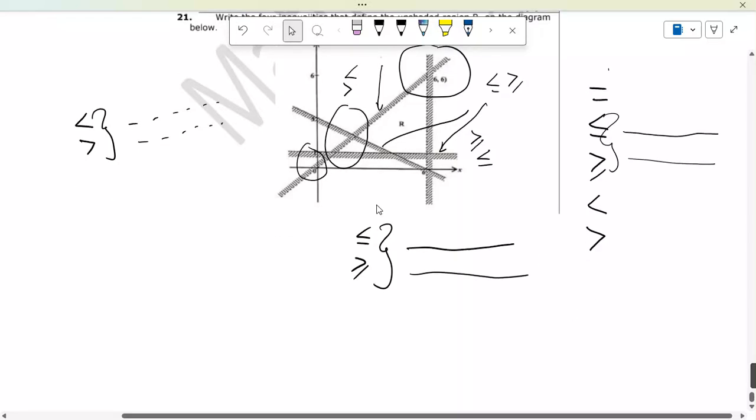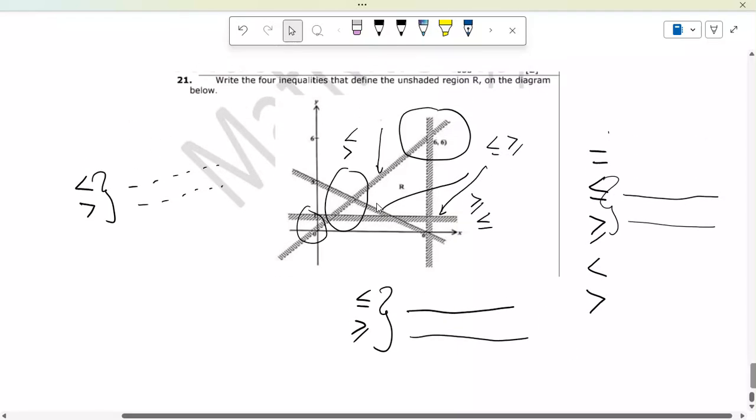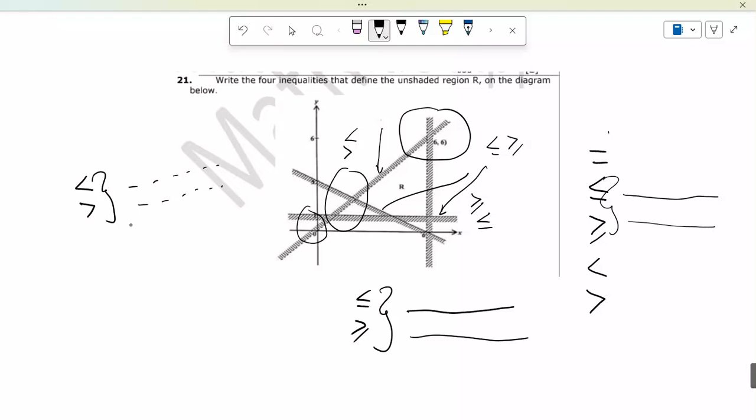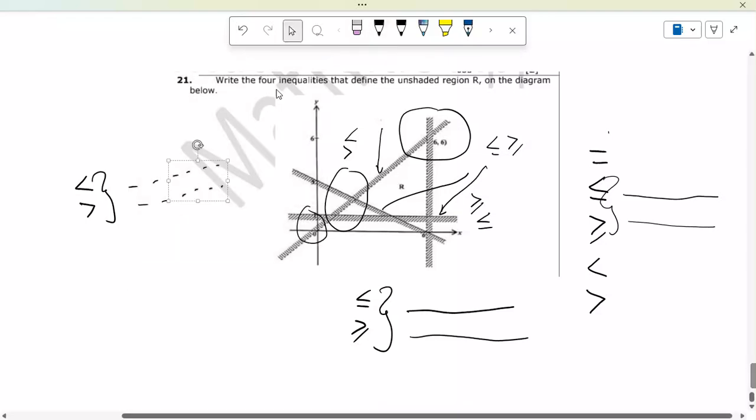There are quite a few simple things you need to learn. First of all, if it doesn't have two symbols, the line is dotted. So that's what inequalities is all about.